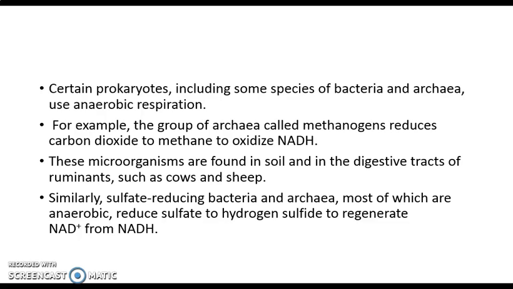These microorganisms are found in soil and in the digestive tracts of ruminants such as cows and sheep. Similarly, sulfate reducing bacteria and archaea, most of which are anaerobic, reduce sulfate to hydrogen sulfide to regenerate NAD+ from NADH.